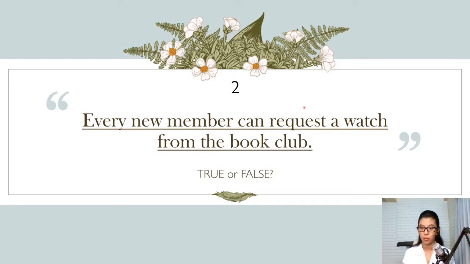So request, what does that word mean? Does it kind of relate to buying, or just exchanging something? A watch from the book club. Request. Let's think about this one. If you request something, then you're asking for it. You want it, right? So you want to request it, and you want to claim that reward, or just something that is on offer. So a watch.